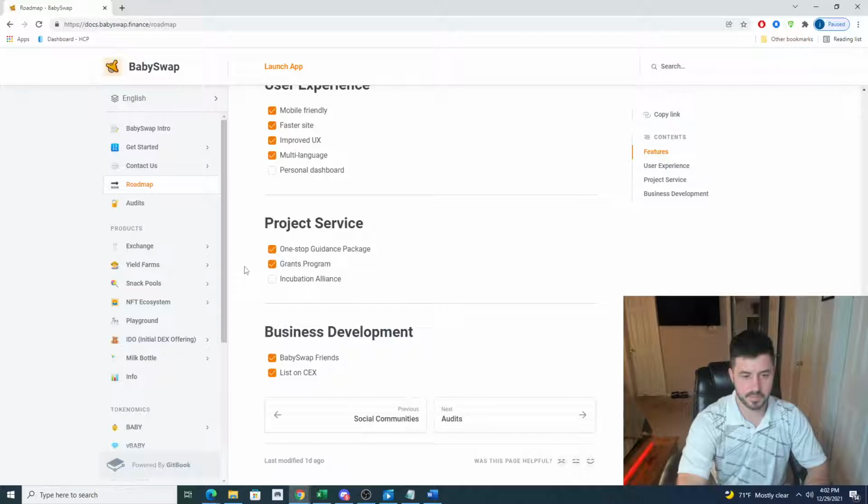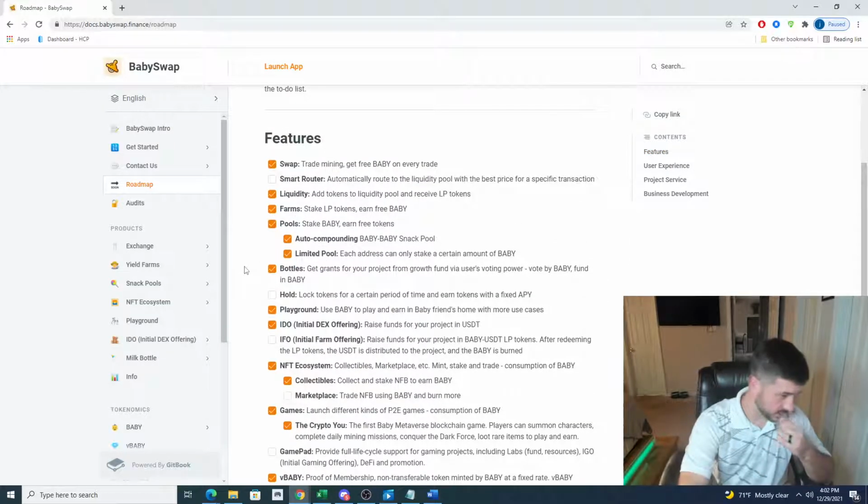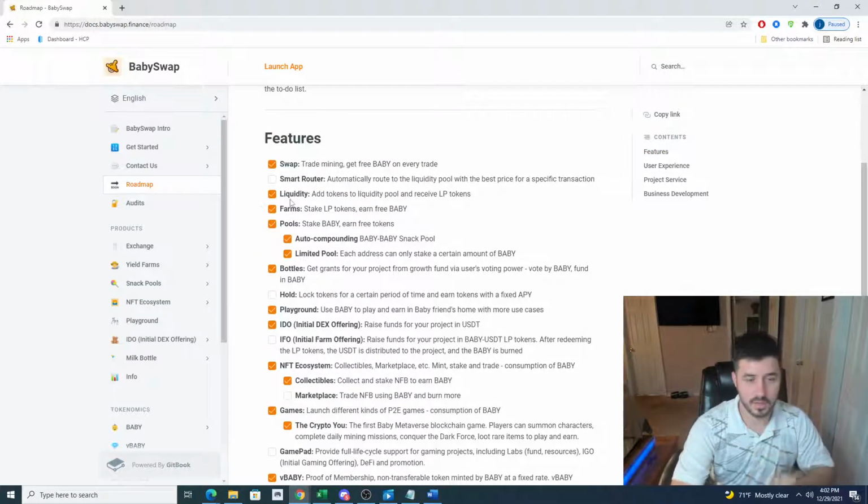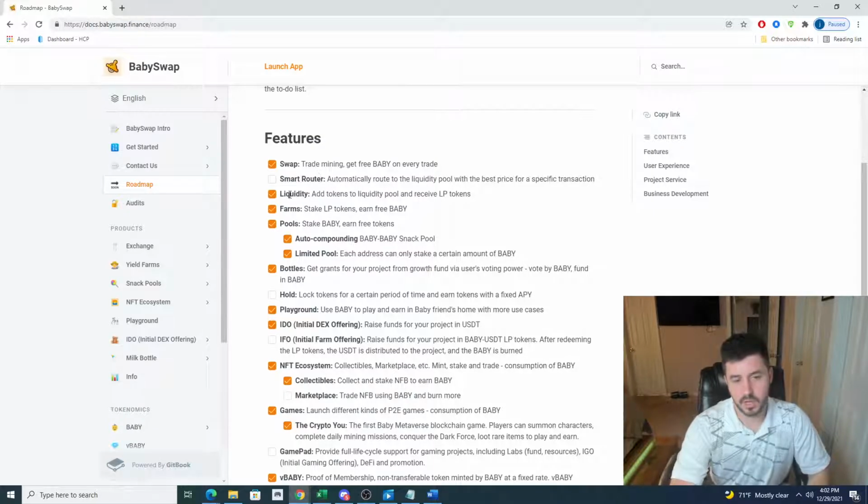These are some of the things that BabySwap has accomplished already, and a lot of people don't realize just how much work this is. If anyone's been around in the crypto space, they'll find that a lot of these places don't have this amount of stuff. This is a lot of work to get all this going.